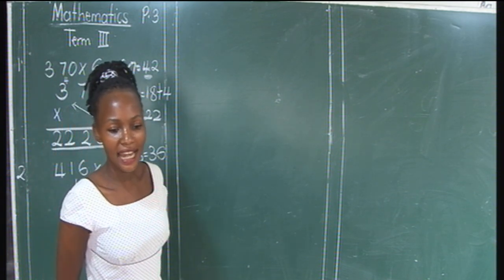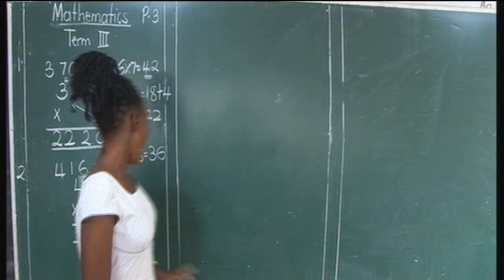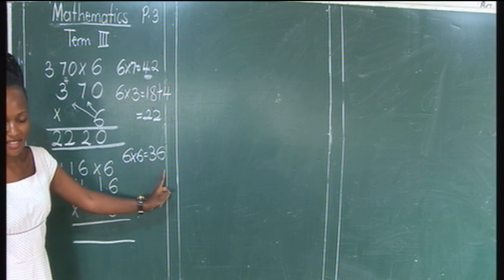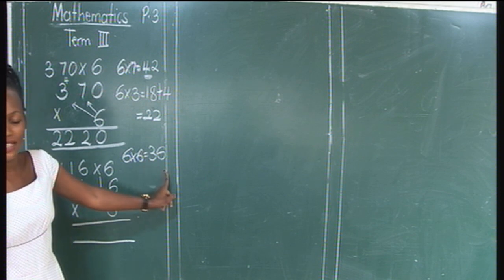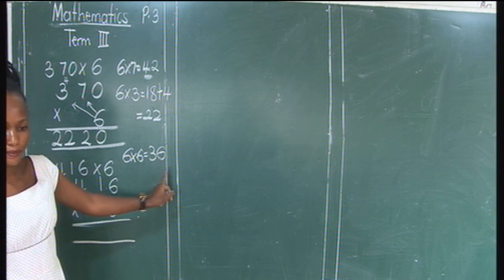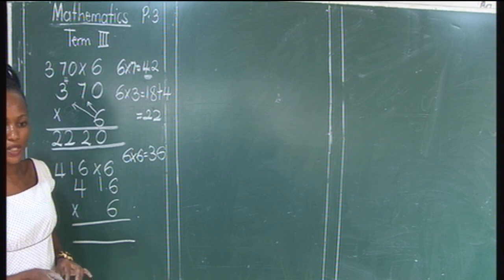Okay, let me get another person. I've got 6 times 6. The answer is supposed to be 36. Now, what do we do to that 36? Martha? We carry 3.